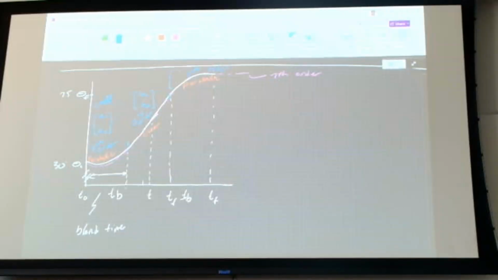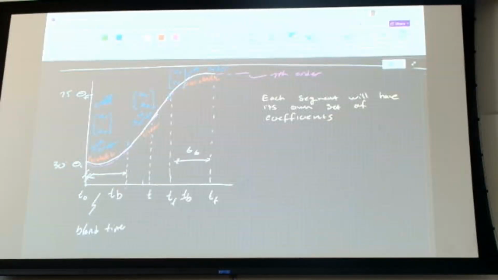And then here I have a set of coefficients, which we're going to call C0 to C. So each segment will have its own set of coefficients. This duration is going to be TB, and this could be TB as well.